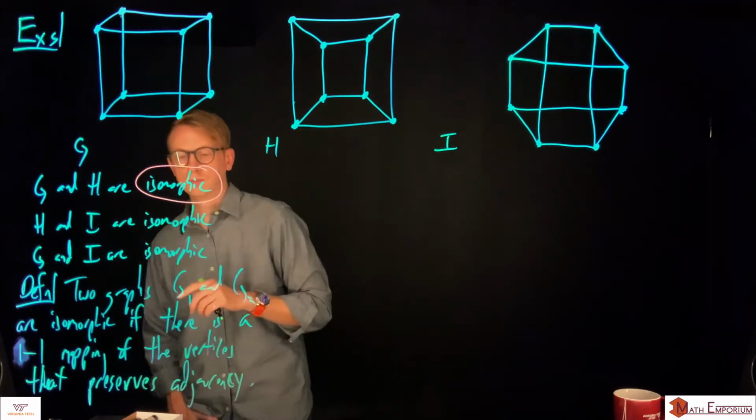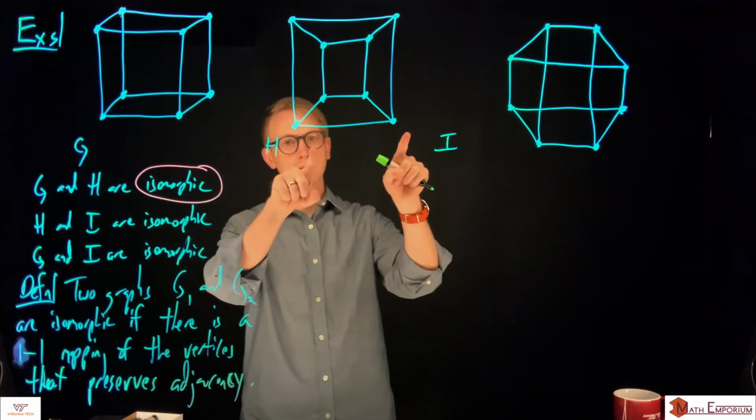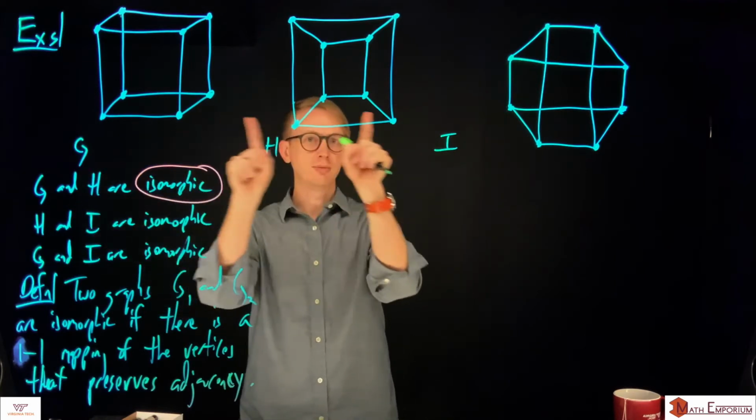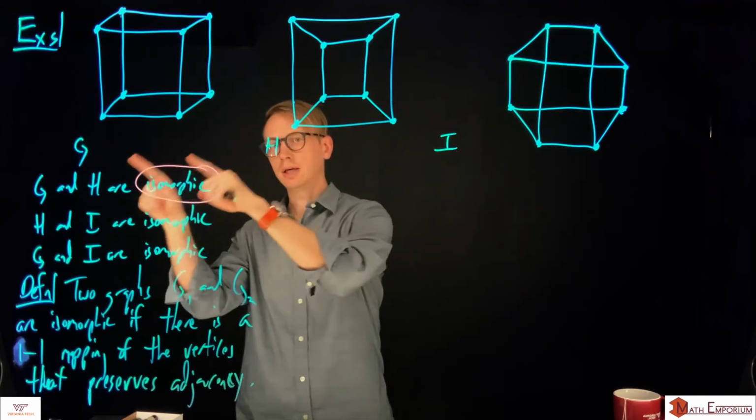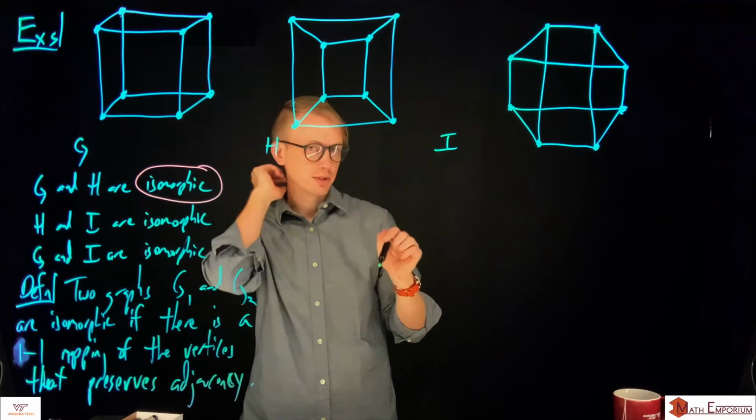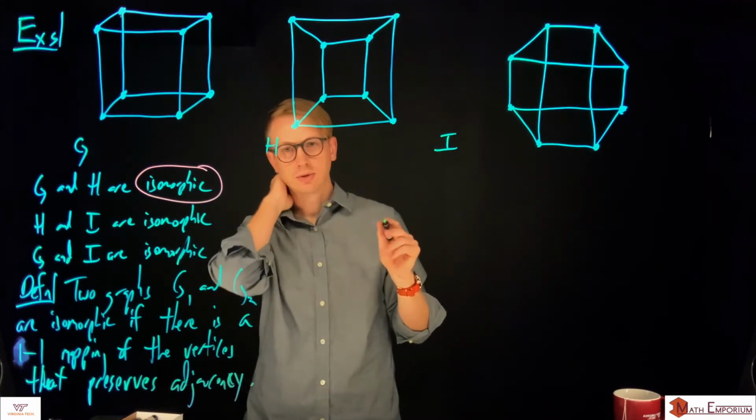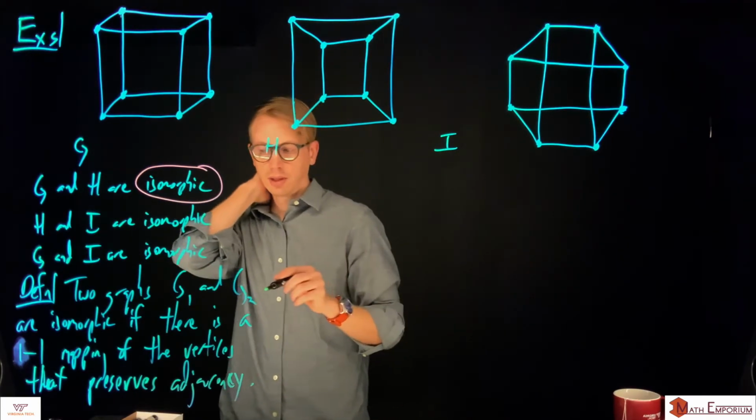Okay, so two vertices, if they get mapped to other vertices, if they were adjacent in one, they better be adjacent in the other. Or if they were non-adjacent in one, they better not be adjacent to each other in the other either. Right, so you can just check this pairwise.